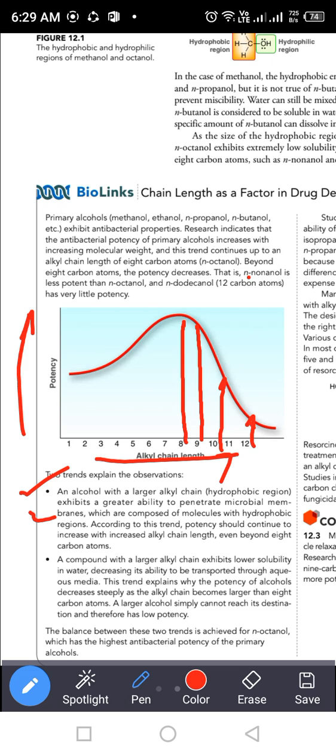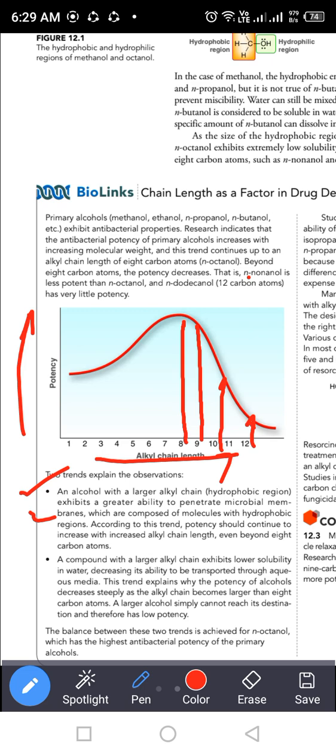The plasma membrane or cell membrane of bacteria is composed of hydrophobic components. So in alcohol, when the hydrophobic component, the alkyl chain, increases, its activity increases. From 1 carbon to 2, 3, 4, antiseptic activity increases gradually, even up to 8 and 9 carbon.